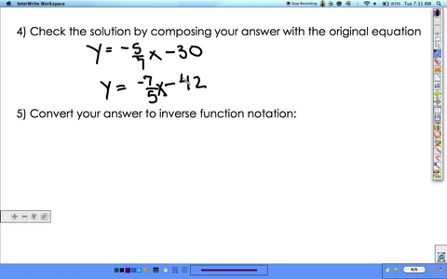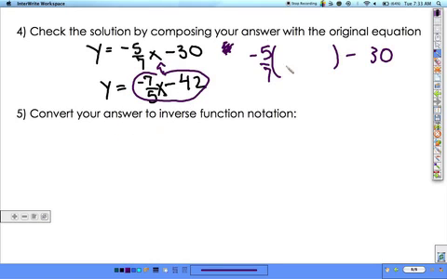So let's go ahead and do that. I'm going to compose. I'm going to take this function down here and plug it in for x in the function above it. So I have negative 5/7, I'll leave a big open set of parentheses, and then minus 30. And inside of that, I have negative 7/5x and then, of course, minus 42.